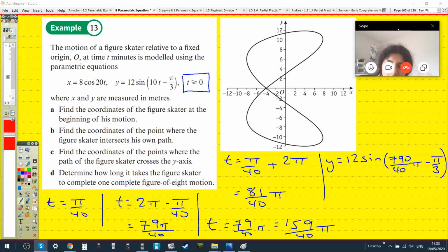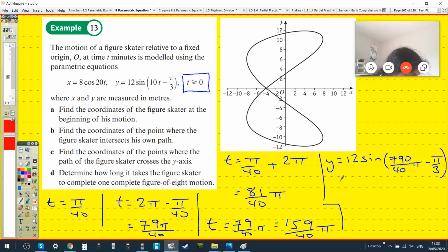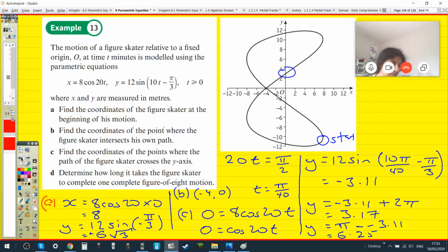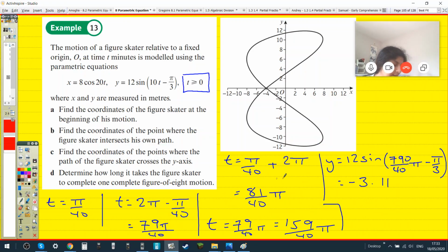And with 79 pi over 40, it's minus 11.59.